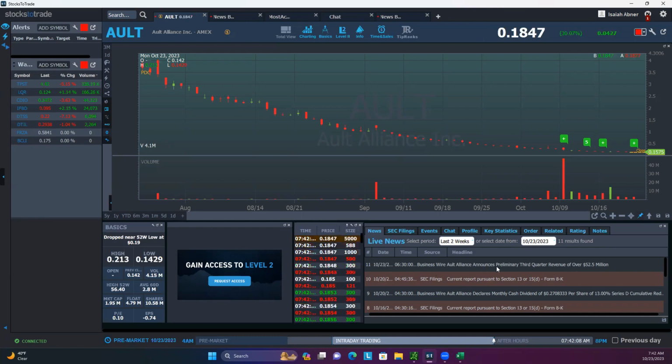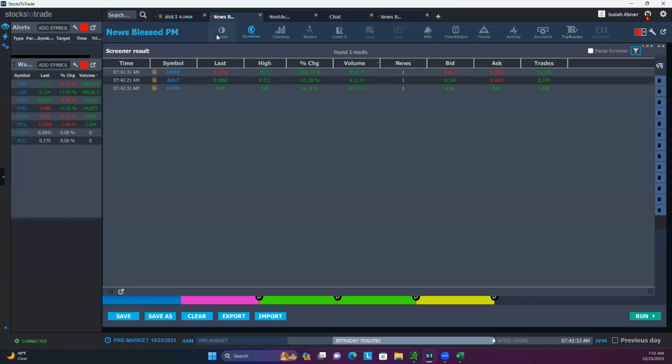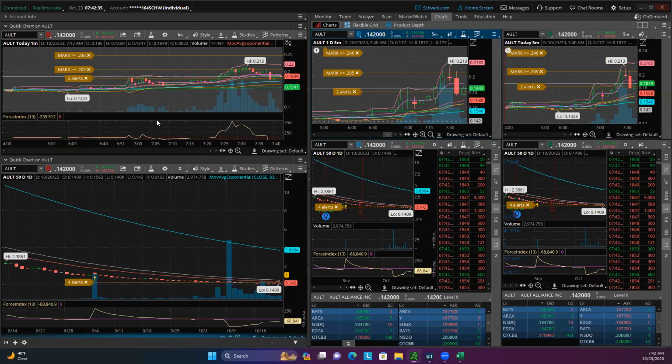I really don't care what this says either, because what's most important to me is volume accumulation and price pushing up. It's going to sound like I'm being funny, but this could say three monkeys were spotted at Alt Alliance, and if those three monkeys being spotted at all the lions is causing the chart to pump up in volume like this and move up, I'm buying it.